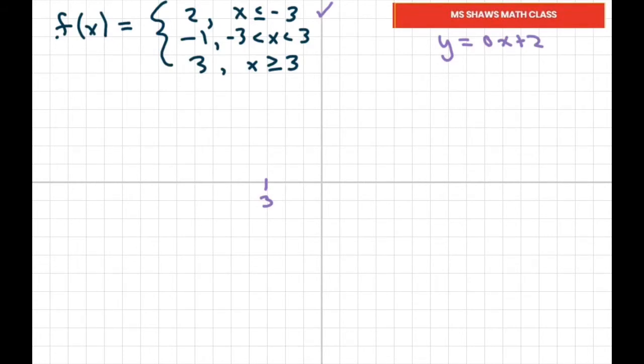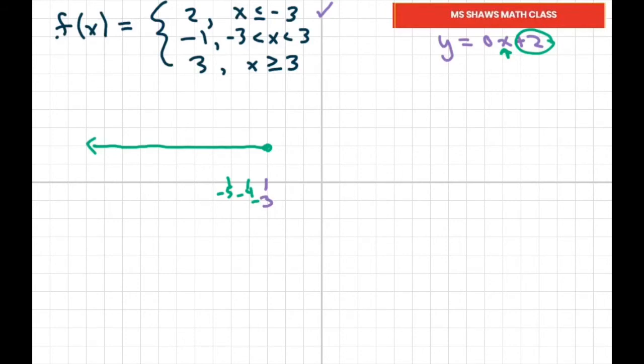So we go to negative 3, and we go up to 2. So right here, it equals 2. Now, if you do negative 4, all the values to the left of negative 3, it's always going to be 2, because no matter what you put in for x, your answer is always going to be 2. So it continues on and on. It's a constant function. Slope is 0.